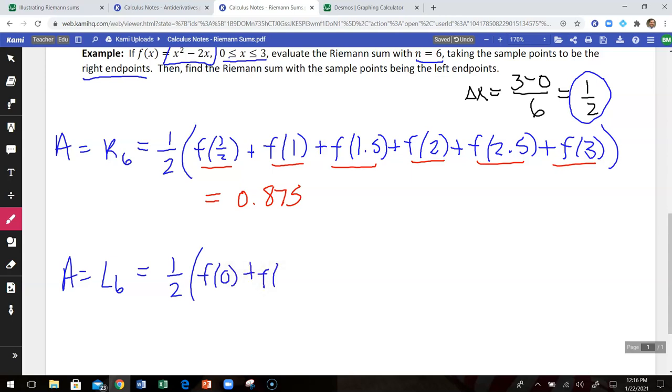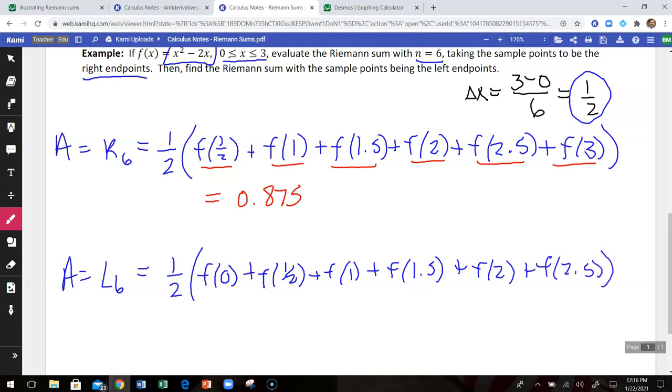And then I'm going to count by 1/2, so f of 1/2, and so forth. And I'm going to end with my left endpoint of my last interval, which is 2.5. Right, the last one goes from 2.5 to 3. Again, check to make sure that you have 6 rectangles whenever you do that.